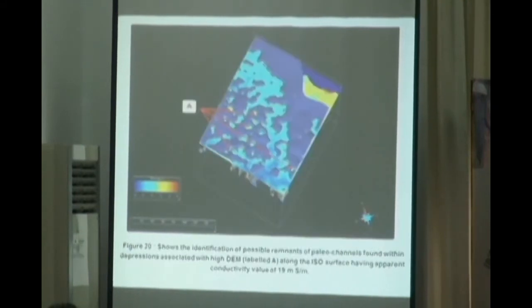So what we were able to do, we were able to have the isosurface again examined for depressions on the isosurface, because the isosurface being a surface that connects the same value of apparent conductivity, where there is higher conductivity values, it will be seen as depressions on that isosurface, because you're moving from low then to high.